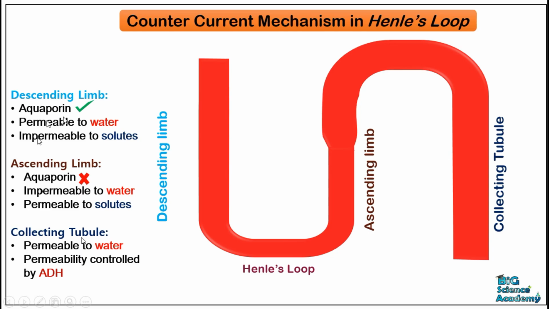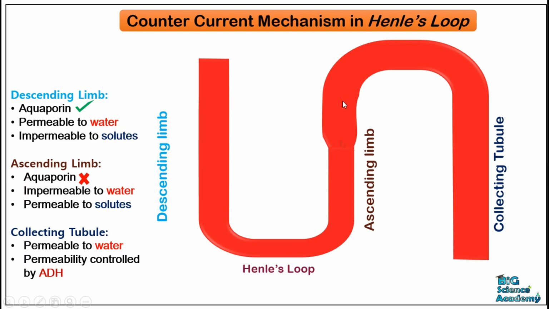There is a carrier protein which is called aquaporin. It is mainly a transporter protein for water channel, and it is present in all cells except the ascending limb of the loop of Henle. Due to the presence of aquaporin protein, the descending limb is permeable to water, but it is impermeable to solutes.